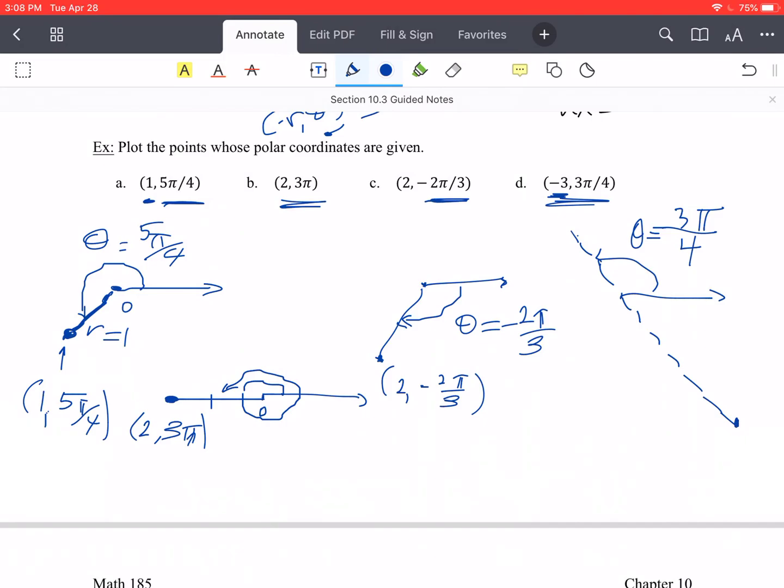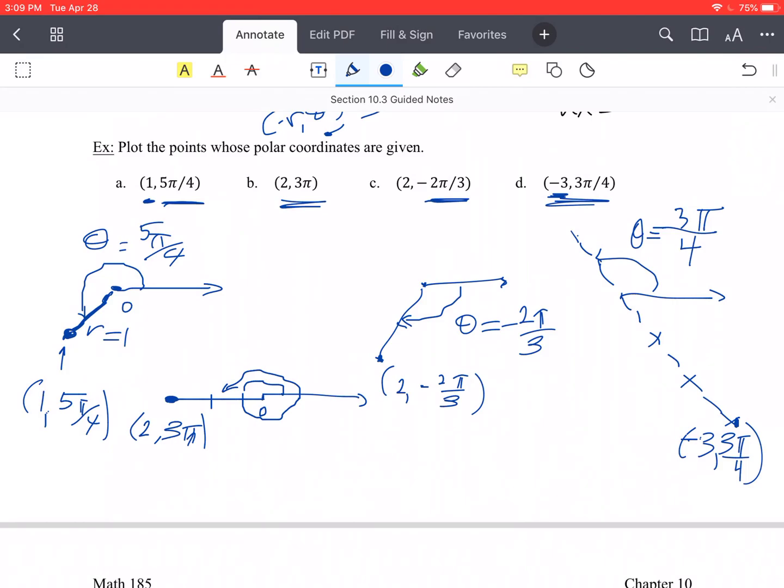And we're counting out 3 units. So say 1, 2, 3. So that's negative 3 comma 3 pi over 4. Alright, so that puts us down in the 4th quadrant over here.